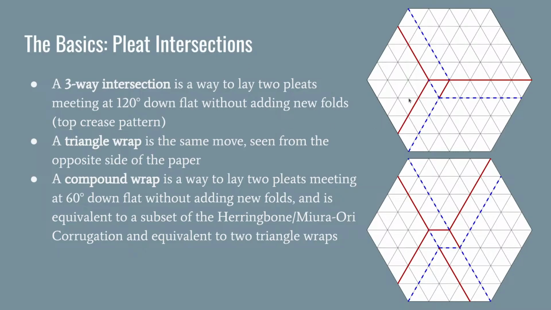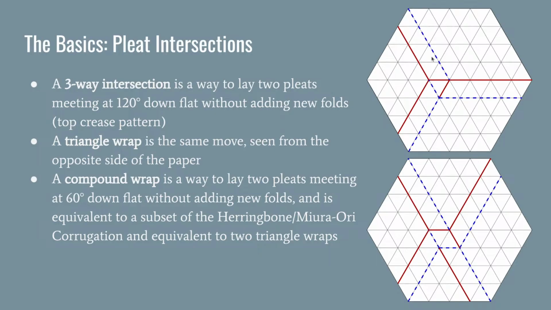This is basically the crease pattern of what I'm talking about. Then there's a compound wrap, and the compound wrap is functionally two triangle wraps mushed together. And you can kind of see that because in the triangle wrap, there's one three-way intersection of mountains, one three-way intersection of valleys. In the compound wrap, there's two of each.